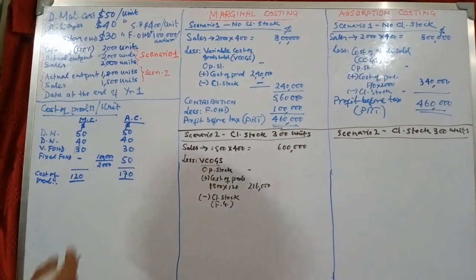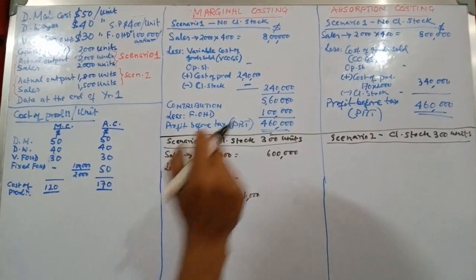What is the number of closing stock? 300.